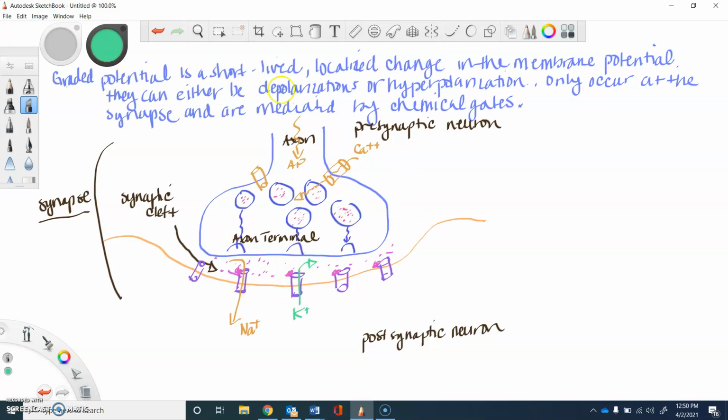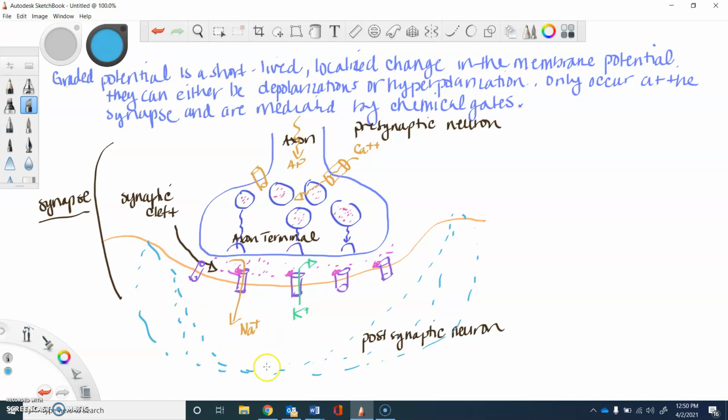So this area here, where the sodium is coming in with all these gates, is going to change the potential here. So it's going to come in quickly at the channel itself, and then as it moves and spreads out, and this is going to spread and spread, and as it does that, it's going to dissipate.